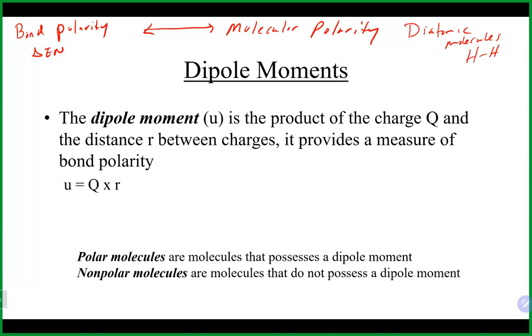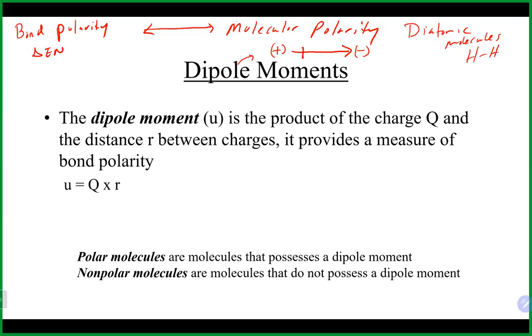A dipole moment is represented by the same arrow that we've used before, this dipole arrow, and it points to the side that's more negative in the atom or the molecule. And again, the back end points to the side that's more positive. So we use that arrow to indicate individual polar bonds.